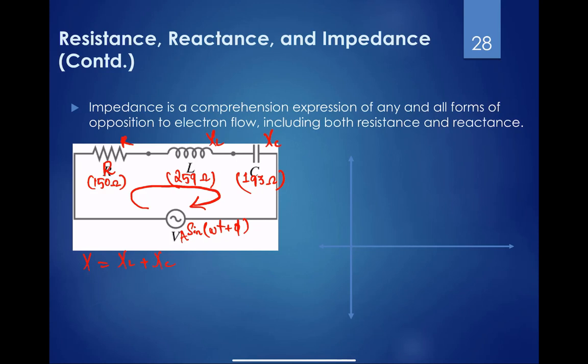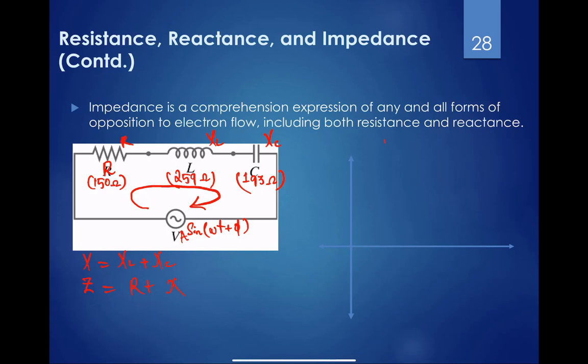In order for us to find the total impedance, which is the sum of the resistance plus the reactance, we have to get this impedance using the phasor diagram.